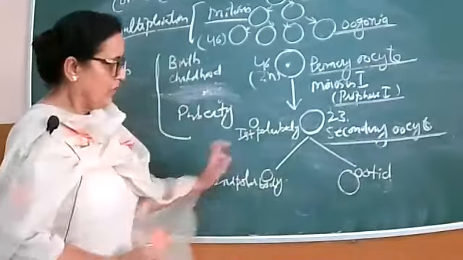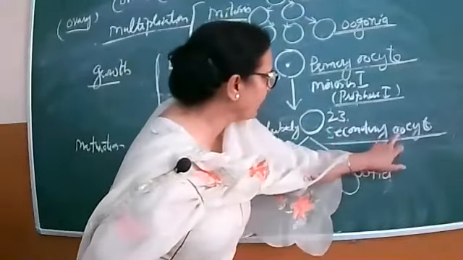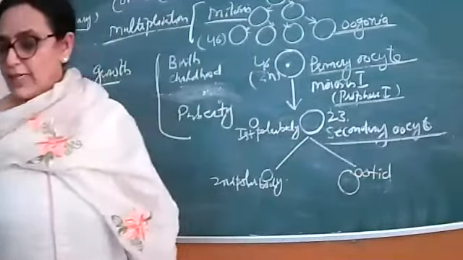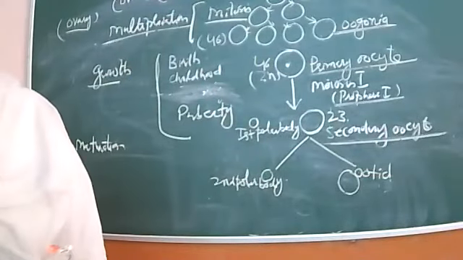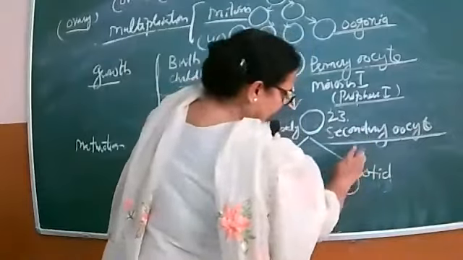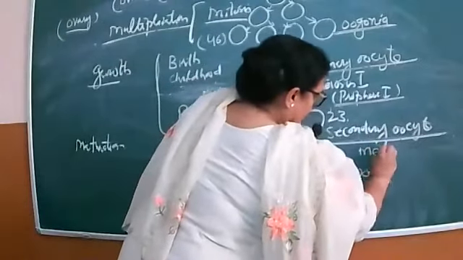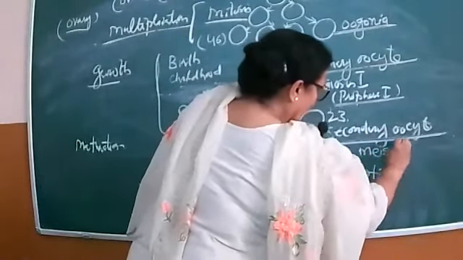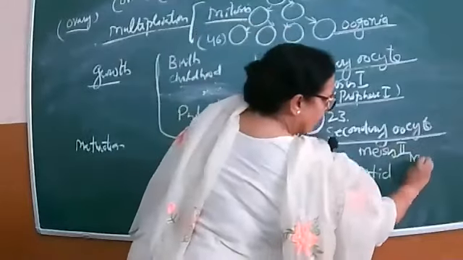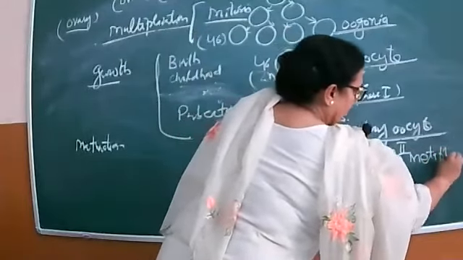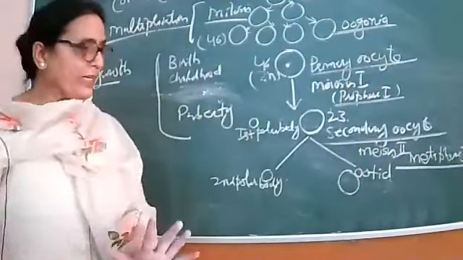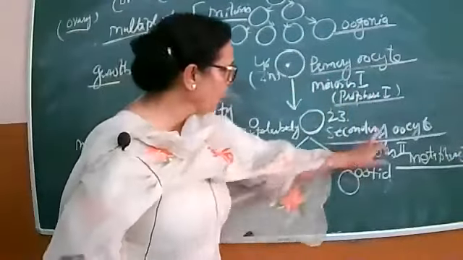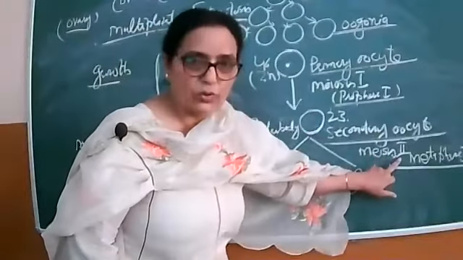Now this secondary oocyte which is formed is in the stage where meiosis 2 has to take place here, but only up to metaphase 2 will the division go. When the secondary oocyte undergoes division in meiosis 2, right?